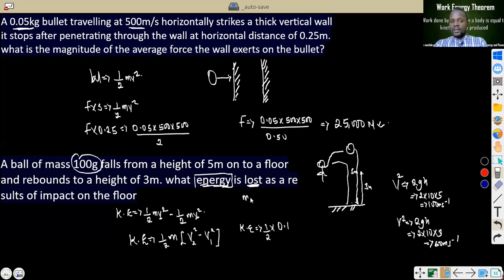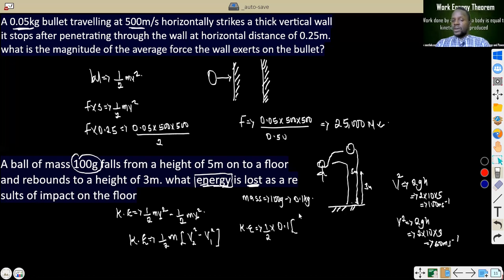I have converted the mass from 100 grams to 0.1 kilogram, because 1,000 grams make 1 kilogram. So here I'm taking the difference of the squares.